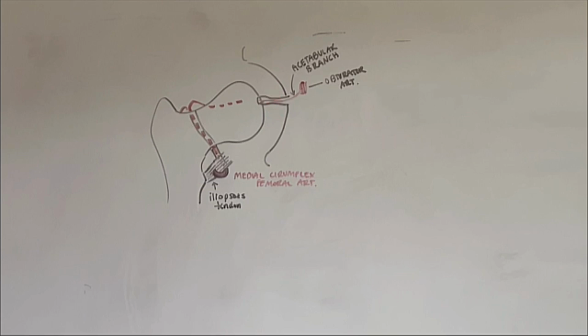And this can become problematic during exam questions, because if your professor lists both the acetabular branch and the medial circumflex femoral artery as answer options to a multiple choice question about a posterior hip dislocation, you have to pick between the two, which is more likely to be ruptured. Now, typically they're going for that medial circumflex femoral artery, but if both are there, both could be argued as correct.